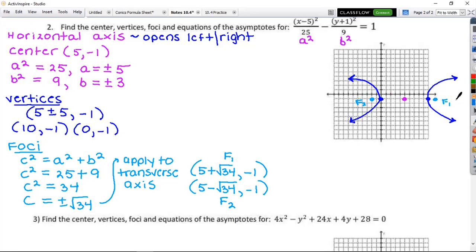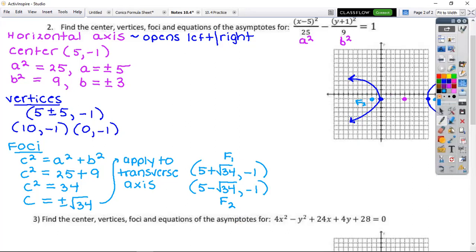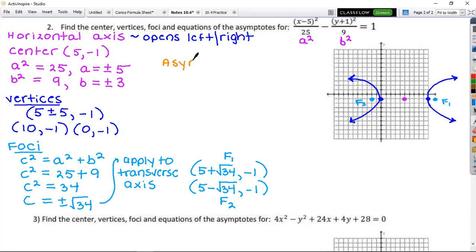All right, we're not done yet. We're close though. The last part's the new part. You need to find the equation for your asymptote. This is on your formula sheet as well, on the top part of your box. And we had a horizontal transverse axis. So for a horizontal transverse axis, your equation for your asymptote is going to be y minus k is equal to plus and minus b divided by a, and then x minus h, where again, h and k is still just your center.